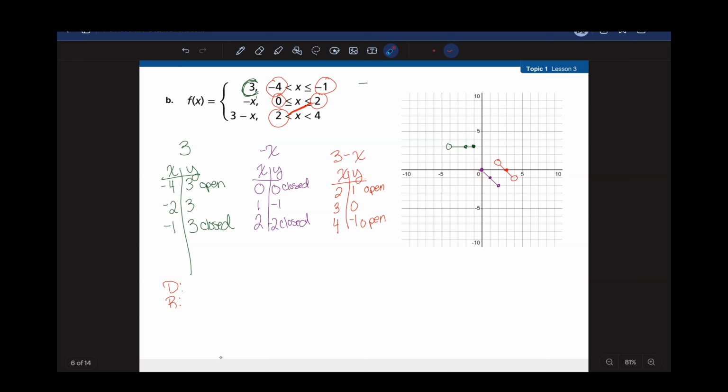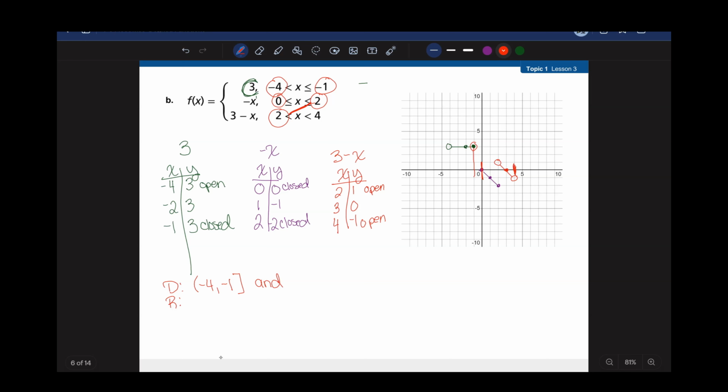So my domain starts at -4, and there is an open circle there, so I need a parenthesis, -4. And then it stops at -1. There is a closed circle there, so -1 with a bracket. And then I have another piece in my domain that starts here and then continues the rest of the way until here.